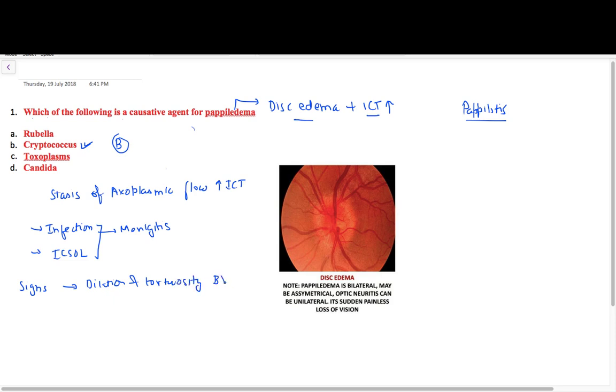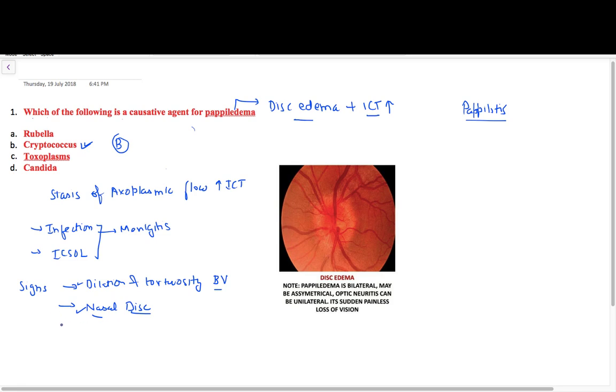The blood vessels that you see near the optic nerve head are dilated and tortuous. Then there is blurring of disc margins, and this blurring starts most commonly and earliest in the nasal margins.